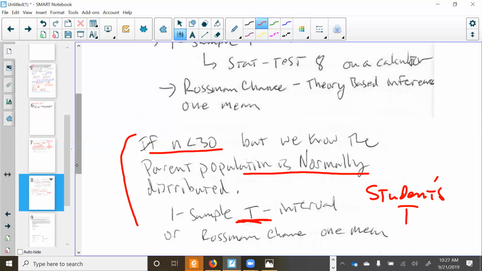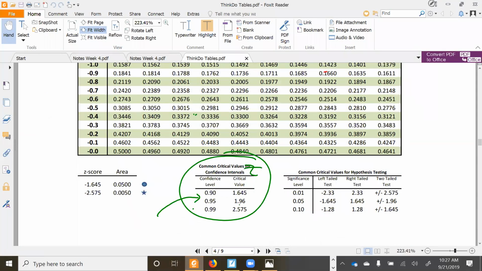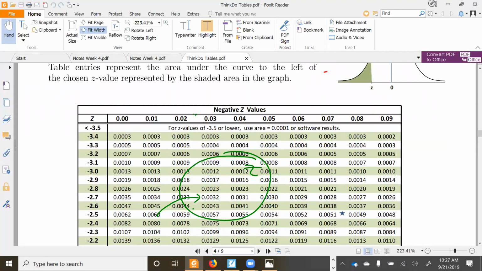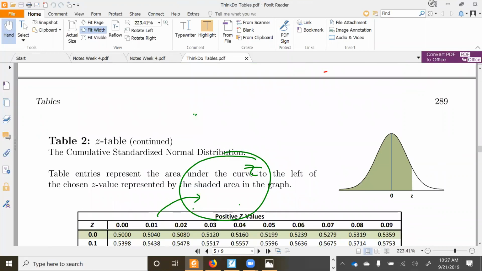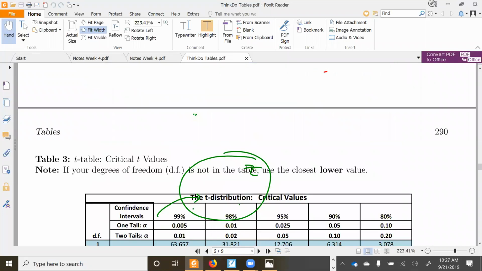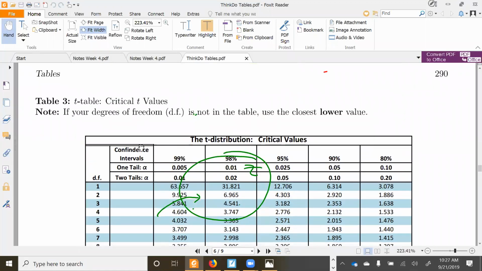It's an interesting little story. You can find it on Wikipedia. I won't take the time now to go into it. It's a good story. So we do need to use a slightly different tool for it. That normal curve table won't work here because this is the Z table, not a T distribution. Now, interestingly enough, there are T distribution tables.